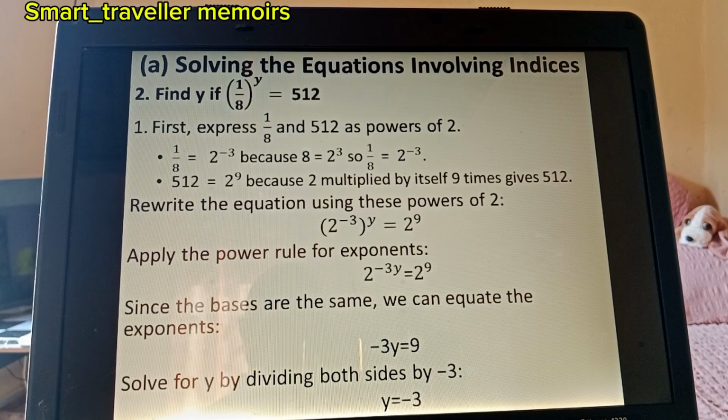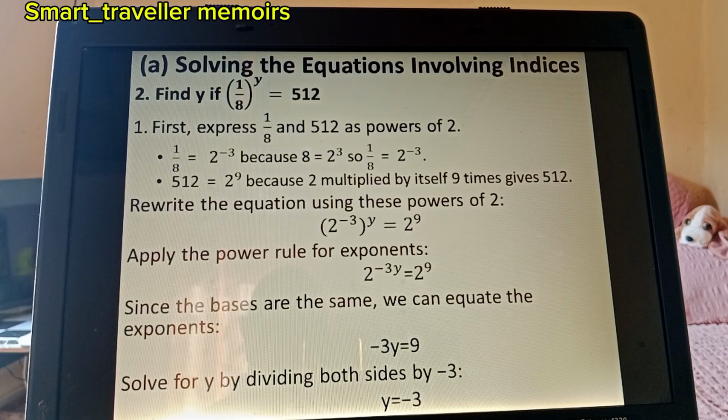Therefore, to rewrite the equation using these powers of 2, you are going to have 2 raised to negative 3 in brackets raised to y is equal to 2 raised to 9, where 2 raised to negative 3 is 1 over 8, and 2 raised to 9 is 512, as the question suggests.